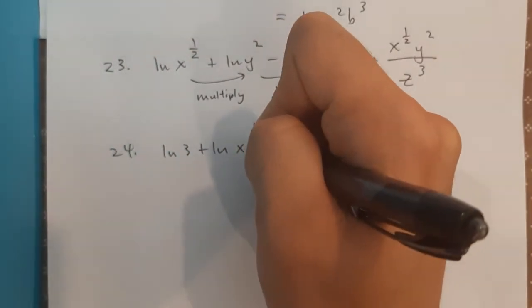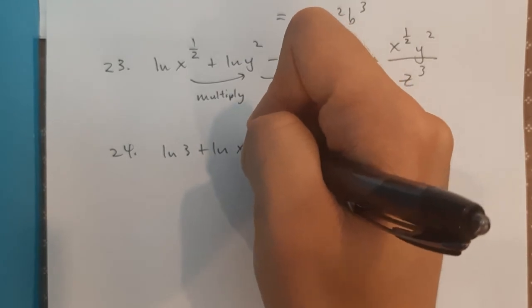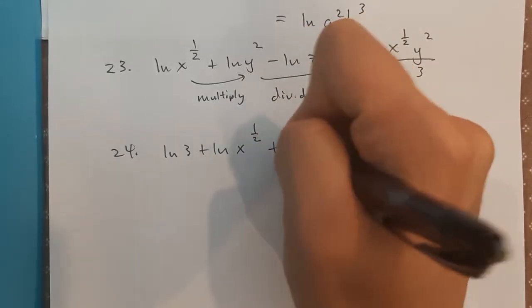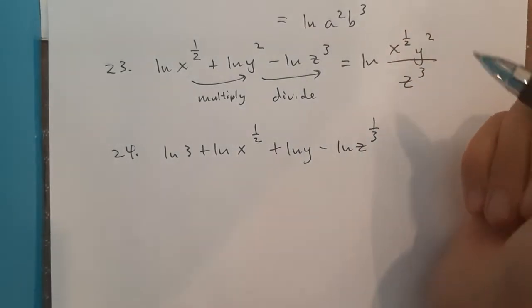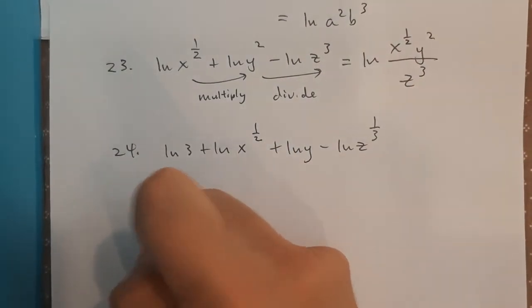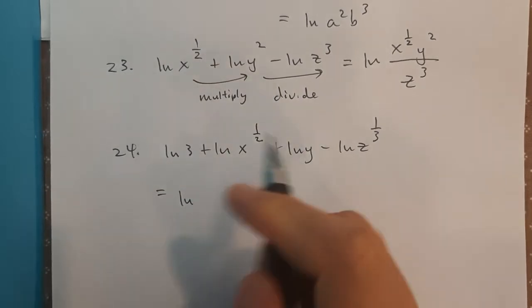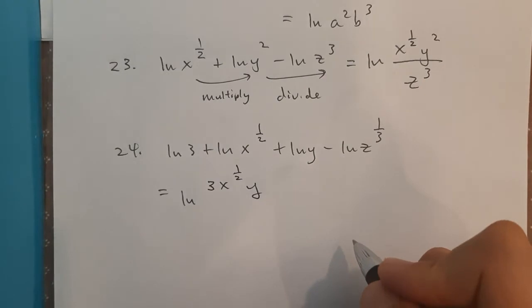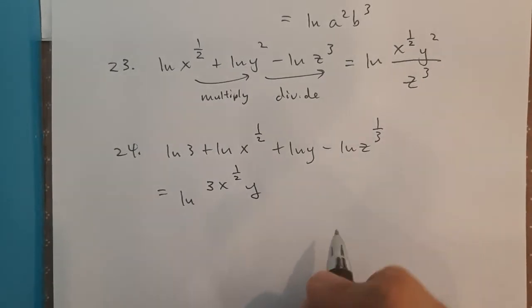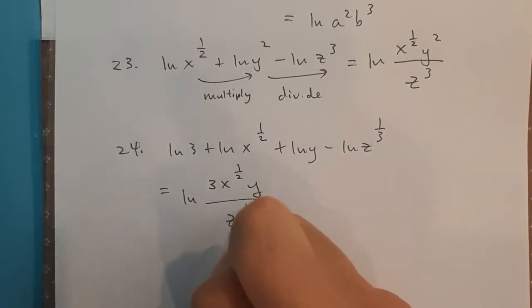First rewrite the factors in the front as the exponent, plus ln y minus ln z to the 1/3. Then we're going to multiply those additions. So we get 3x to the 1/2 y divided by z to the 1/3.